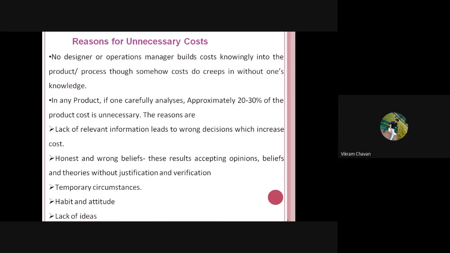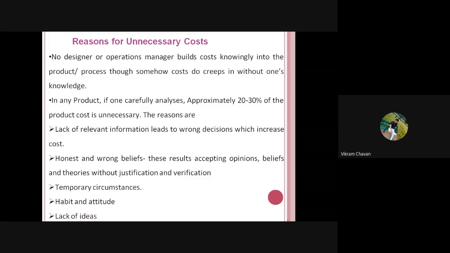He applies all the knowledge related to the design and functionality of the product, but there are some problems related to production or manufacturing, or some features in that particular product or components which do not meet the requirement according to the production, the machining and the material, and that will increase the cost of the product.